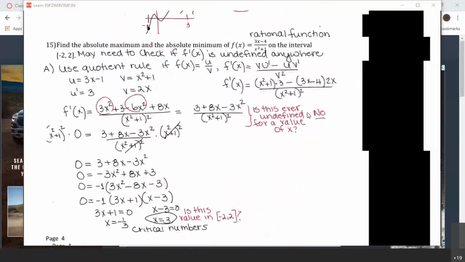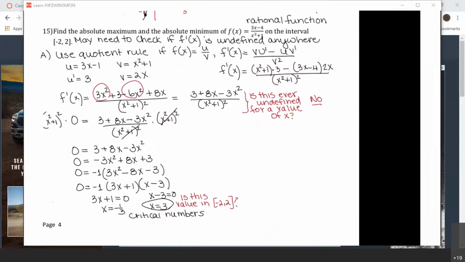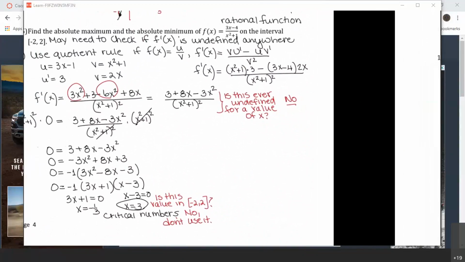But this example shows you need to check that your critical numbers are actually in the interval of interest. So don't use it, because we were specifically asked about the interval.